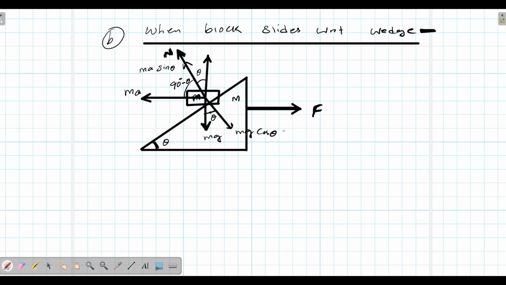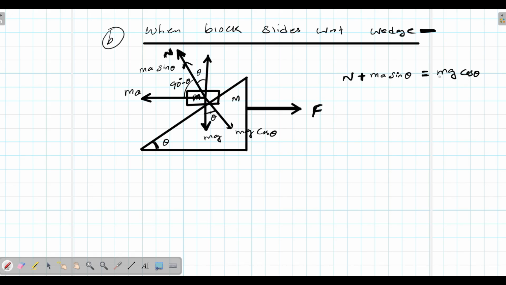So N plus ma sin theta equals mg cos theta.